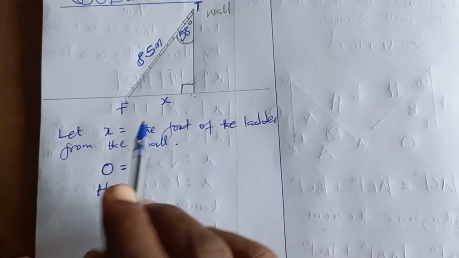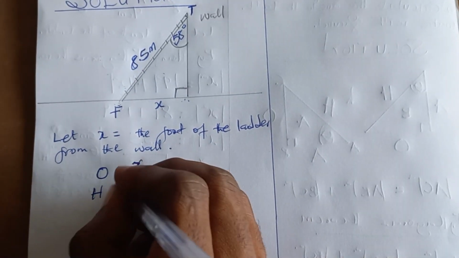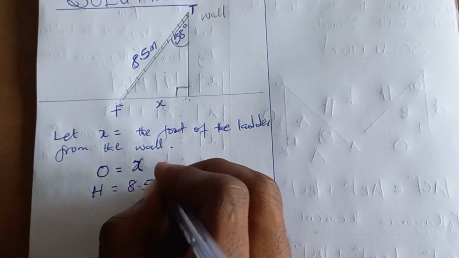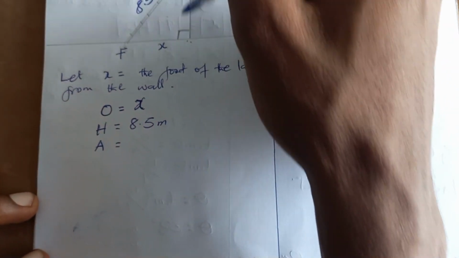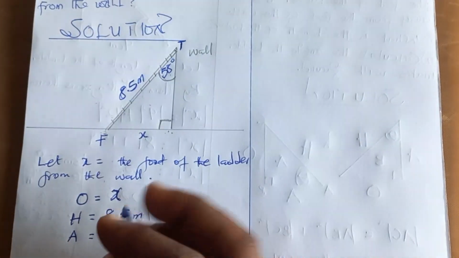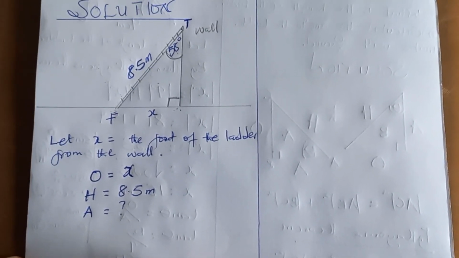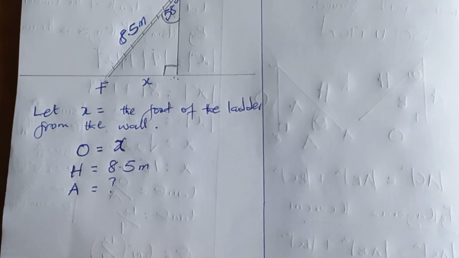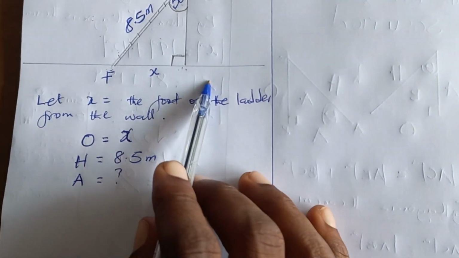So there it is, 8.5 meters. Then our adjacent, which is where the two angles lie, we don't know, it wasn't given to us. We may not even need it because we are looking for the foot.